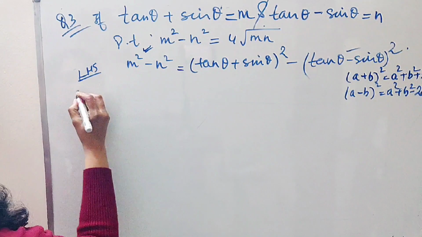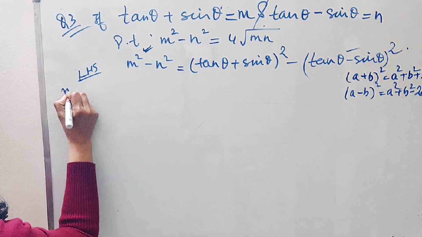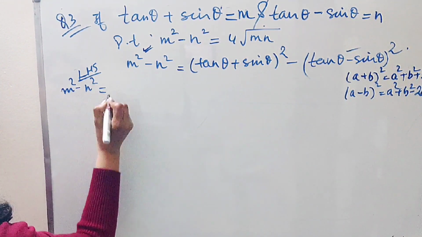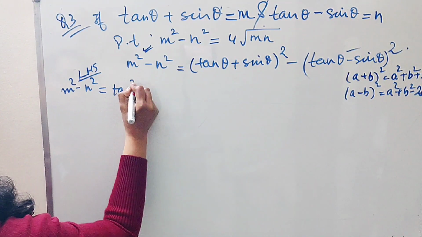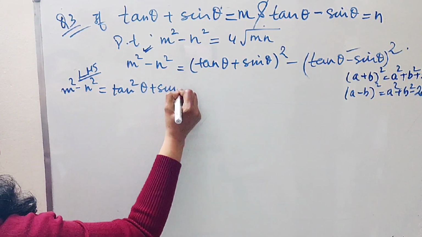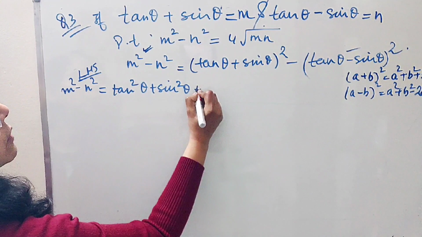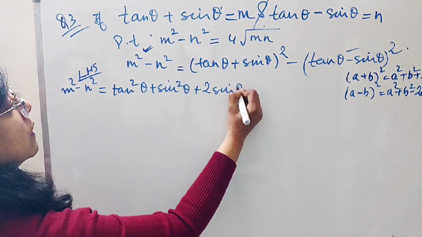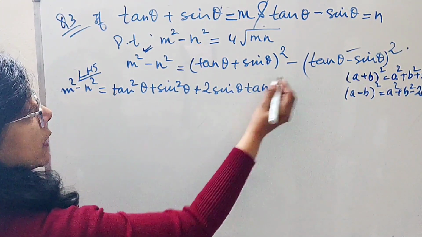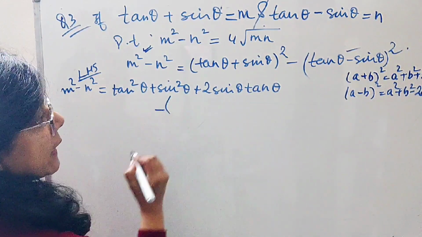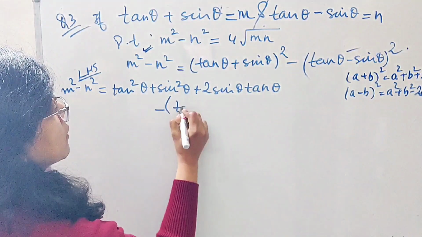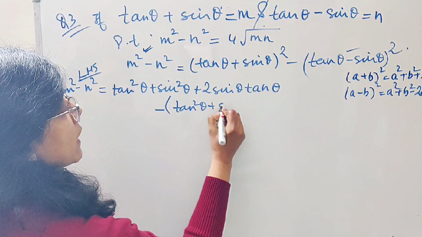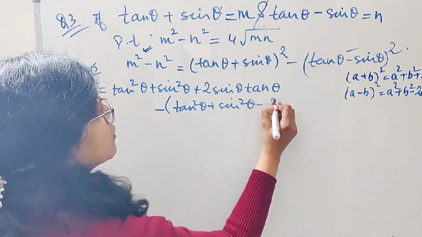So m square minus n square is equal to tan square theta plus sin square theta plus 2 sin theta tan theta, then minus a bracket because minus is there, tan square theta plus sin square theta minus 2 sin theta tan theta.